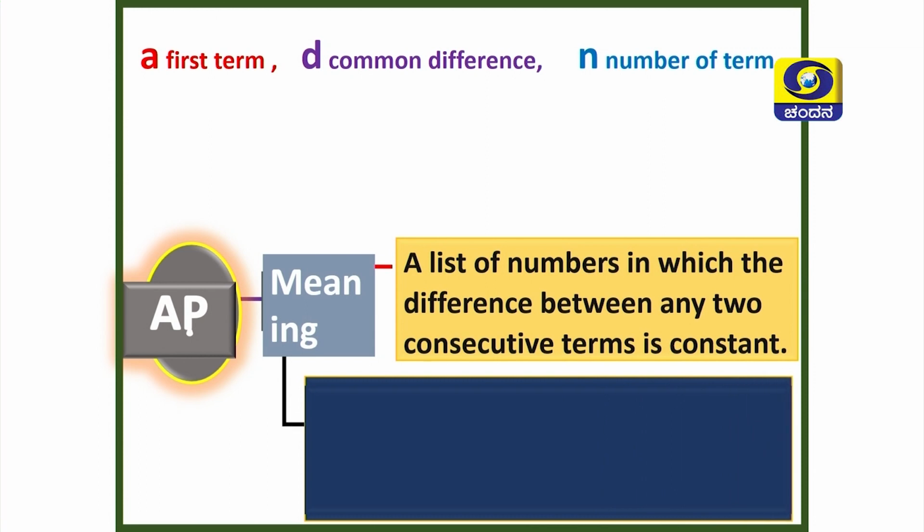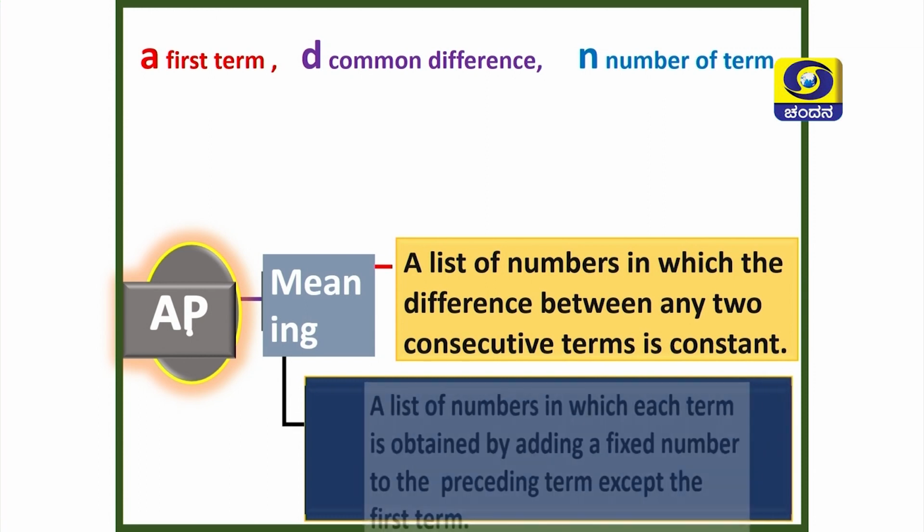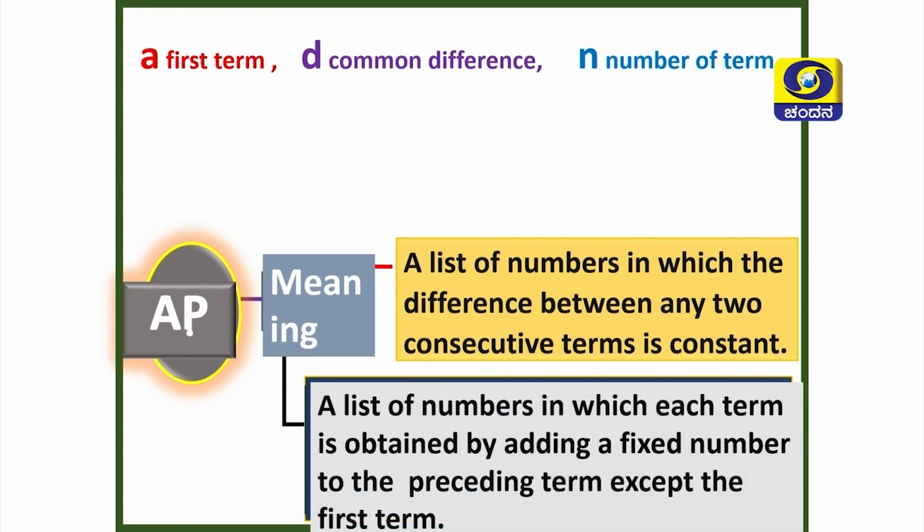Another way of defining an arithmetic progression, my dear children, is a list of numbers in which each term is obtained by adding a fixed number to the preceding number, or to the preceding term, except for the first term. Okay, that's good.